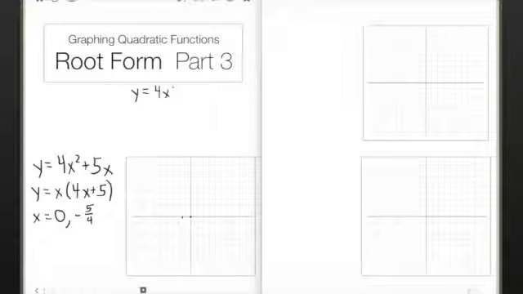So instead of calculating the x-coordinate of the vertex and then plugging that back into the equation, we're just going to complete the square here. So what we do is we factor out a 4 from the first two terms here.